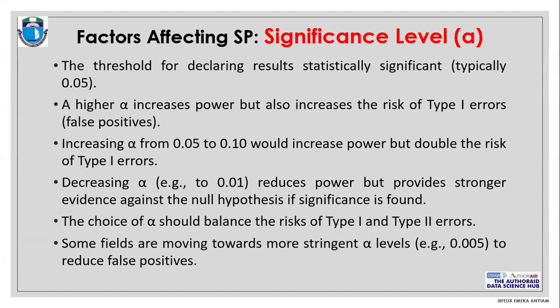That is why sometimes when researchers find out that their power is small, they increase the p-value. I've seen an instance where they use 0.5 instead of 0.05 because they know that the power of their study is small and they will not get a statistically significant difference in any of the variables.